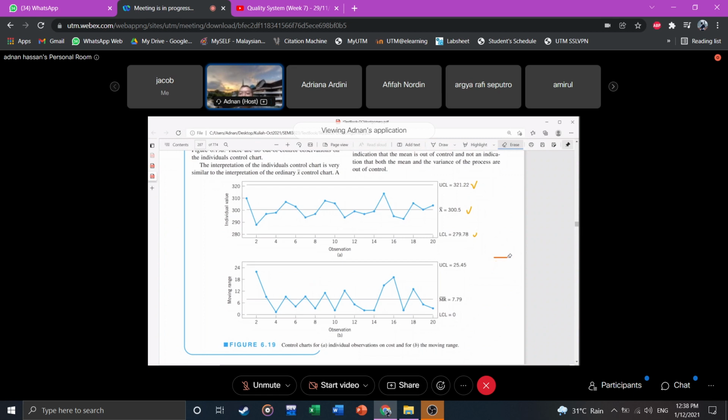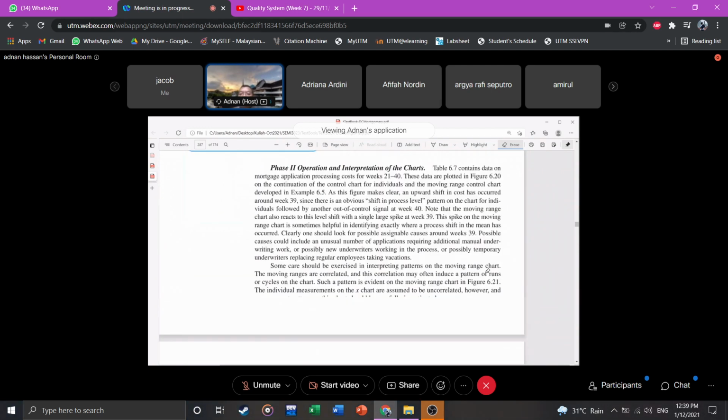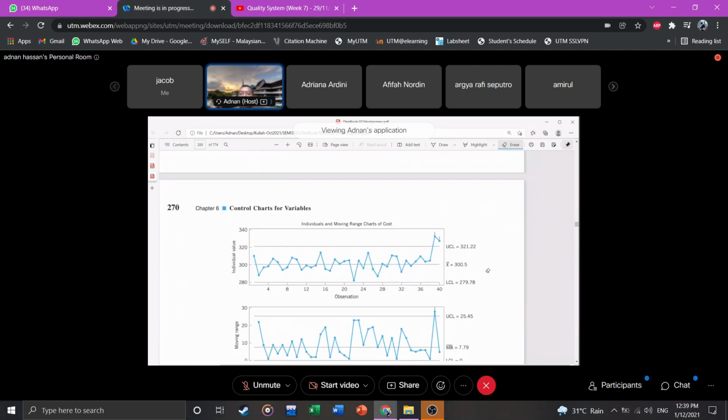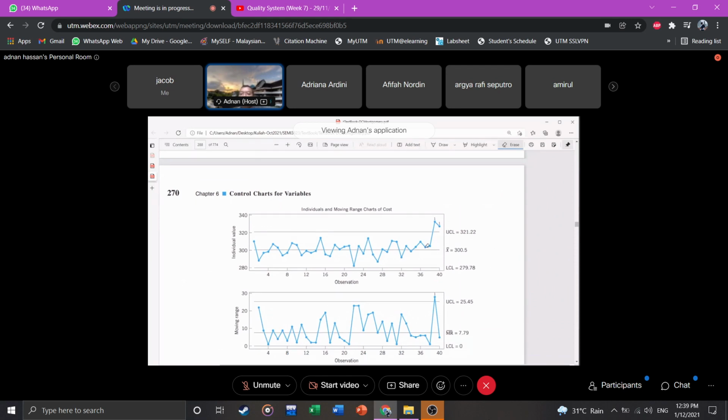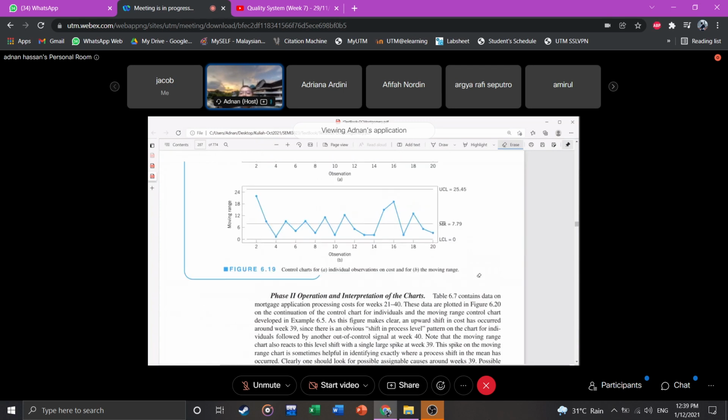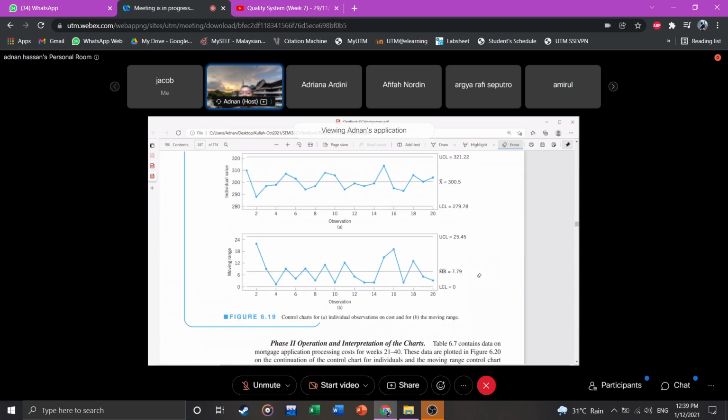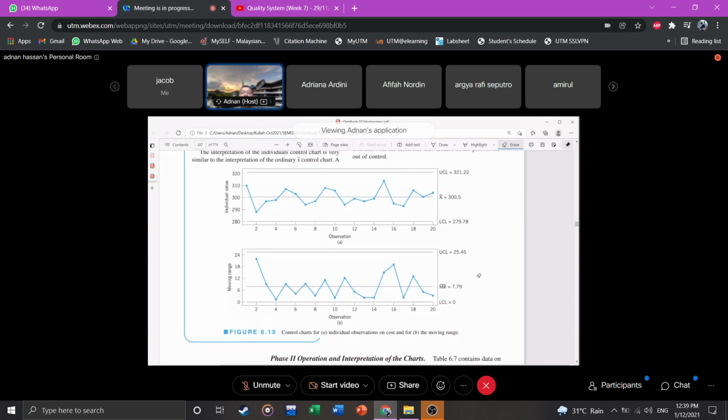So when there is no point outside the control limit, we can assume the process is already stable. You see, we use the same control limit, 321.279, the same as earlier. It is the same chart, because the chart now shows the process is in control.